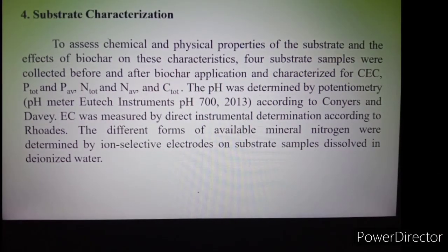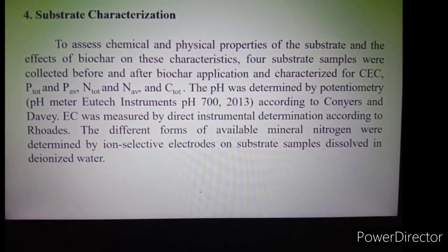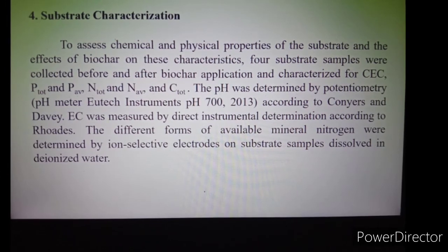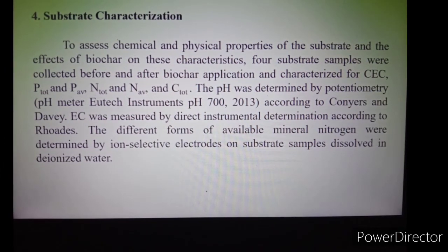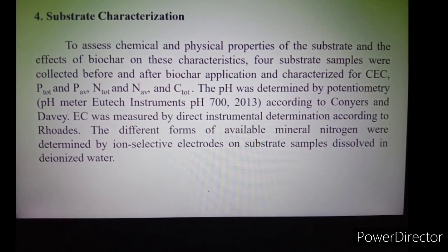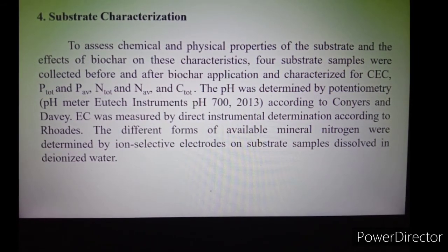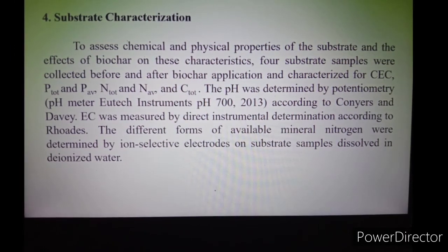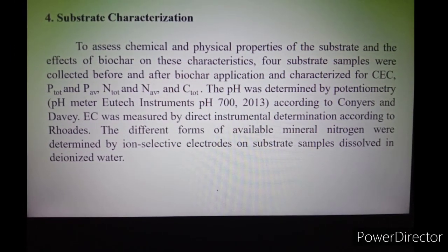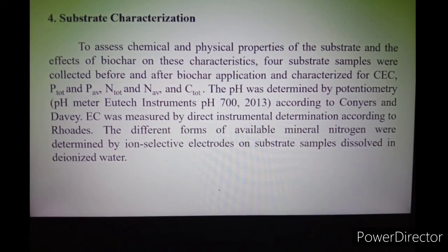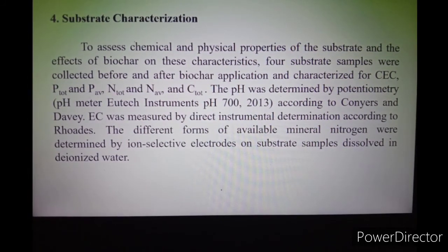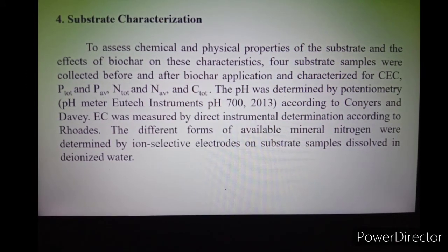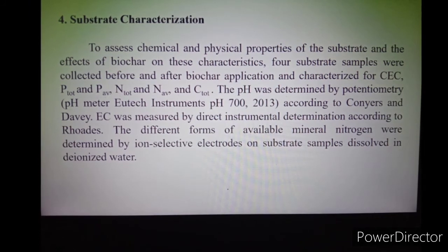Our fourth method is the substrate characterization. To assess chemical and physical properties of the substrate and the effects of biochar on these characteristics, 4 substrate samples were collected before and after biochar application and characterized for cation exchange capacity, total phosphorus, available phosphorus, total nitrogen and available nitrogen, and total carbon content as described in the previous paragraph.